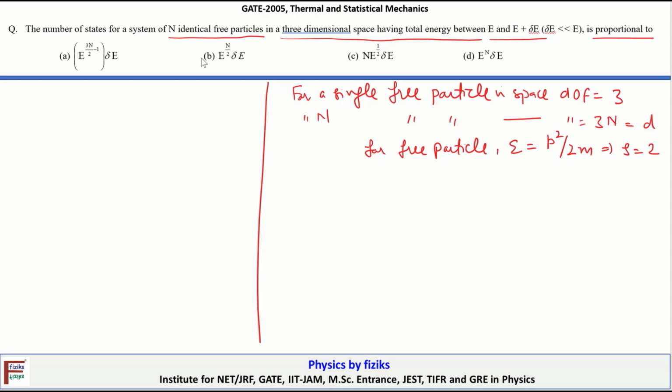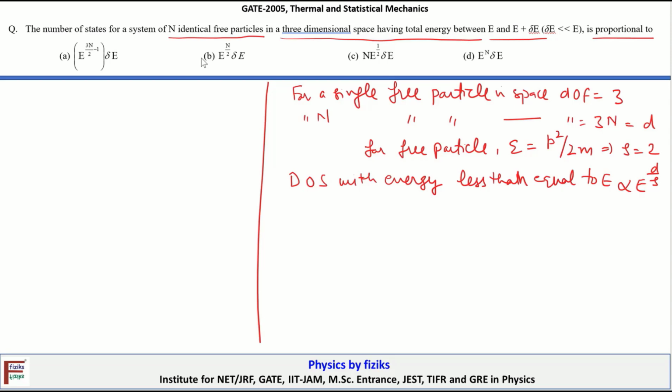Okay, so the density of states with energy less than or equal to E is proportional to E power d by s, where d refers to the degrees of freedom.